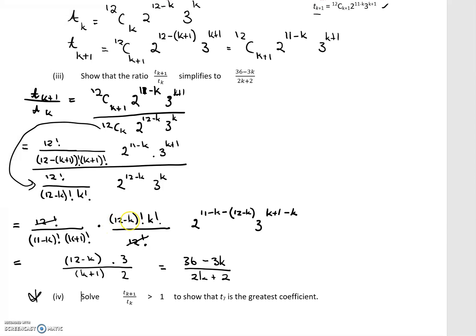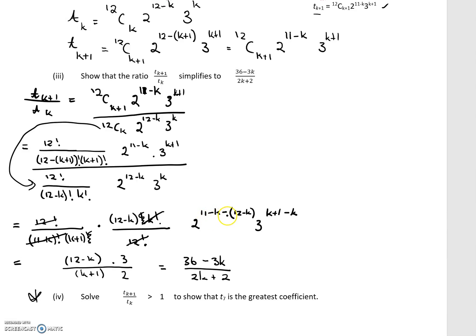It's 12 minus k times 1 less, which would be 11 minus k. But hang on, we've got 11 minus k factorial in the denominator, so all of that cancels out with that factorial. Likewise, here we've got k plus 1 factorial, which means k plus 1 times 1 less, k times k minus 1, etc. But we've got k minus 1 factorial up there, so that cancels out with this factorial aspect.